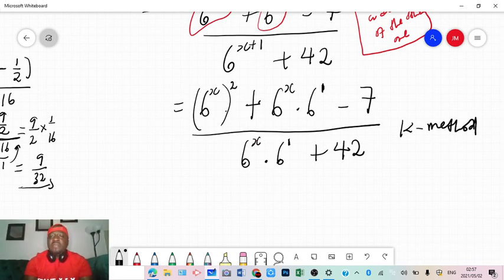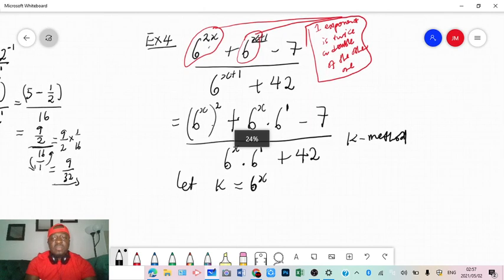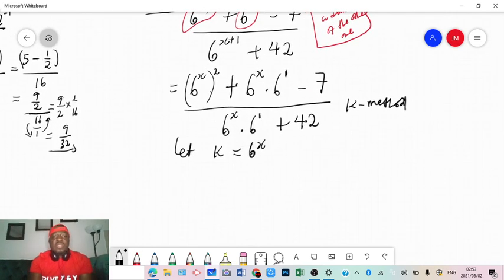Using K for the repeated exponent, which is your 6 to the power x. So let's say let K be equal to 6 to the power x. So wherever we see 6 to the power x, we're going to replace it with a k so that we can simplify this question further.